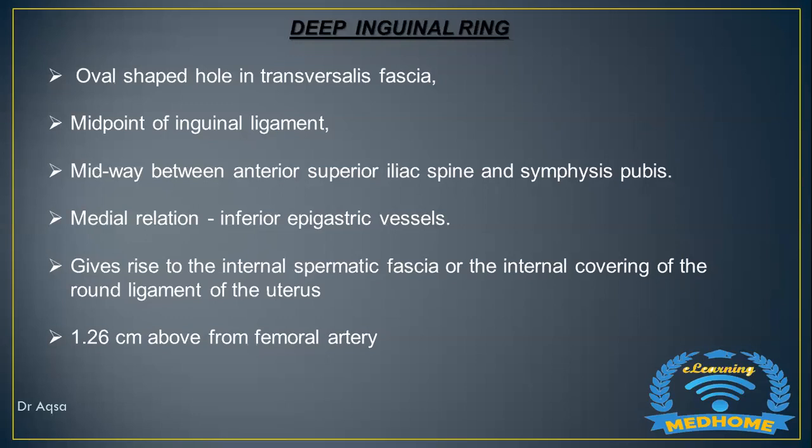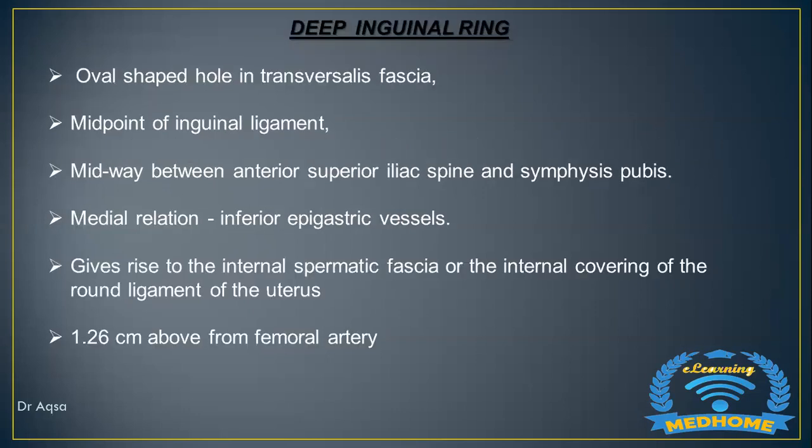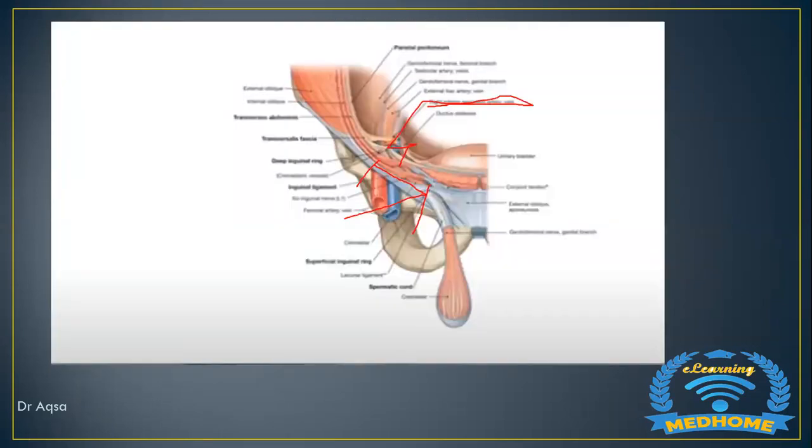Its importance is that in males, it forms the internal spermatic fascia, and in females, it forms the internal covering of the round ligament of the uterus. The medial relationship of the deep inguinal ring is the inferior epigastric vessels, and the ring itself is 1.26 centimeter above the femoral artery.